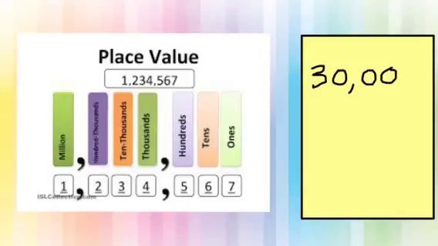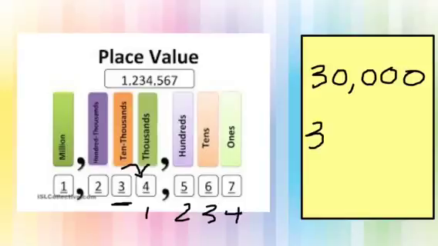Another way to do this is to write the digit 3, and then I look to the right and count how many places are after this 3. There's 1, 2, 3, 4. So that means I'm going to add 4 zeros. Then I start counting from the right, 1, 2, 3, and then I always put a comma. So either way, you can find out what the value is.